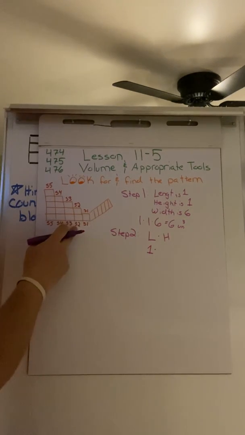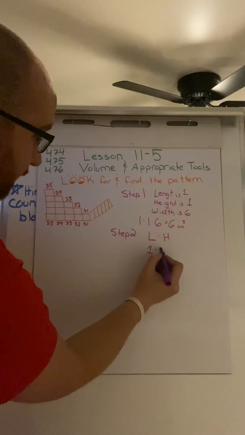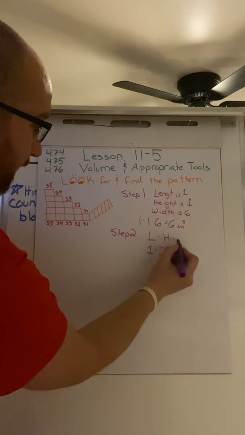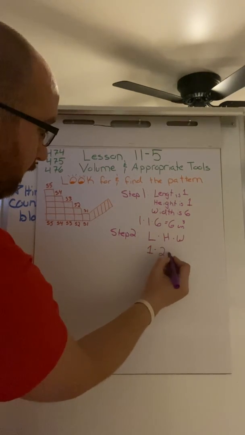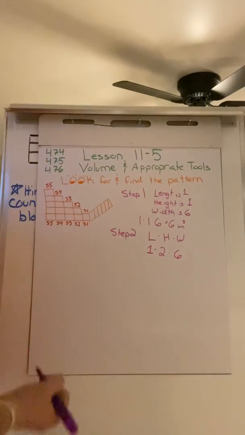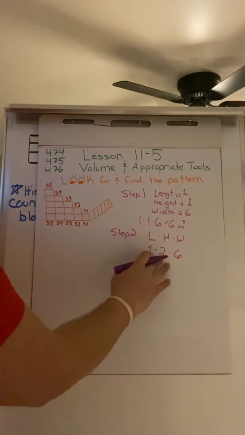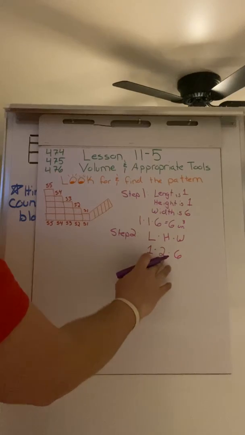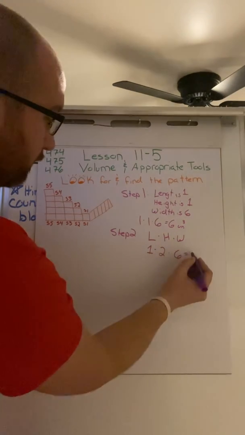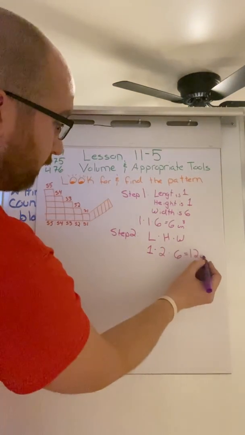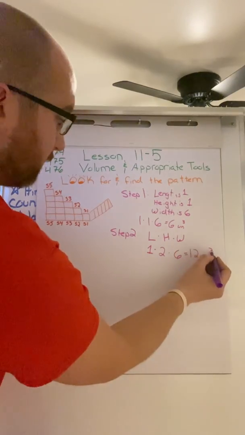My height on step 2 was 1, 2. My height is 2. And once again, my width is 6. So length times width times height, 1 times 2 times 6 equals 12 units cubed.